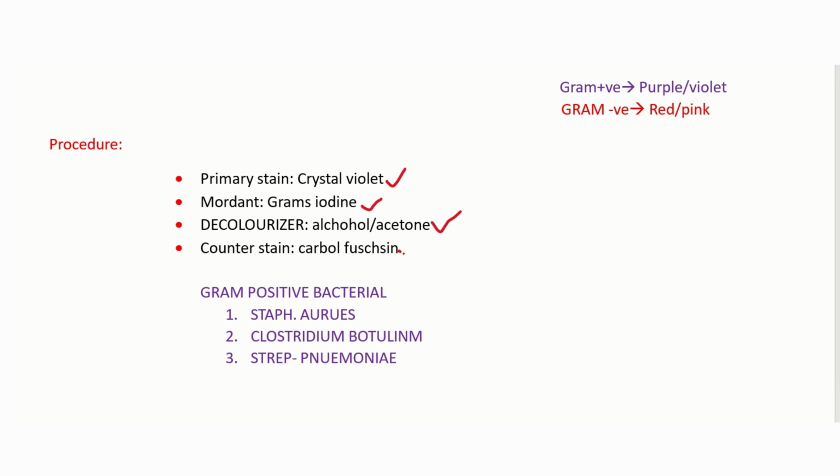And the counter stain is carbol fuchsin. The carbol fuchsin is the counter stain, or safranin also is the counter stain. Okay. The primary stain is crystal violet and the counter stain is carbol fuchsin or safranin. I have not written it, but safranin is also the counter stain. The mordant is Gram's iodine and the decolorizer is alcohol or acetone.